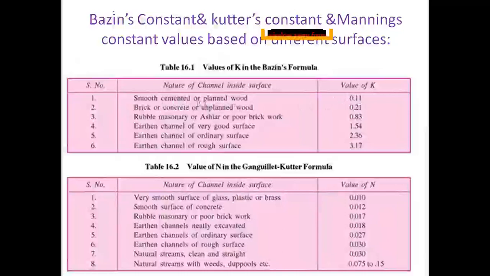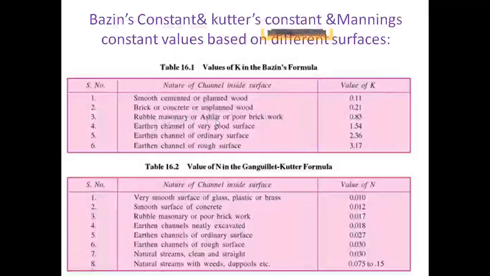Smooth cemented or plain wood: the bed boundaries of the channel being smooth cemented or plain wood, the k value is 0.11. Brick or concrete or unplaned wood, 0.1.